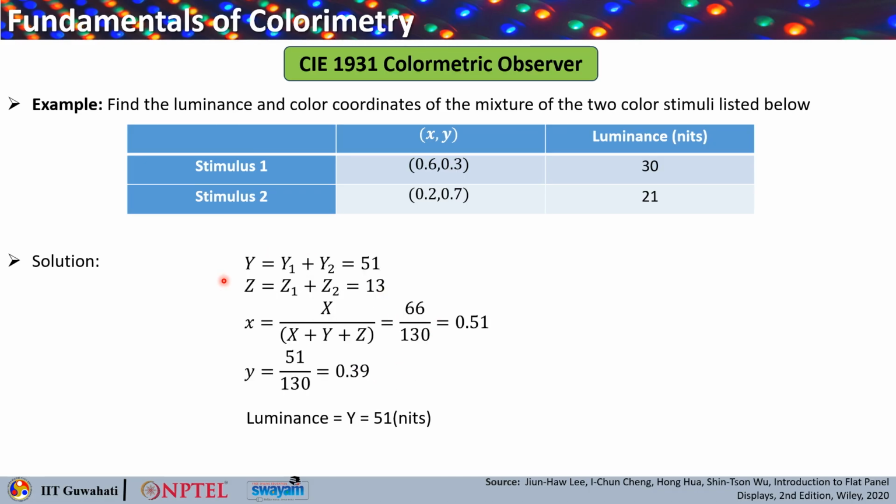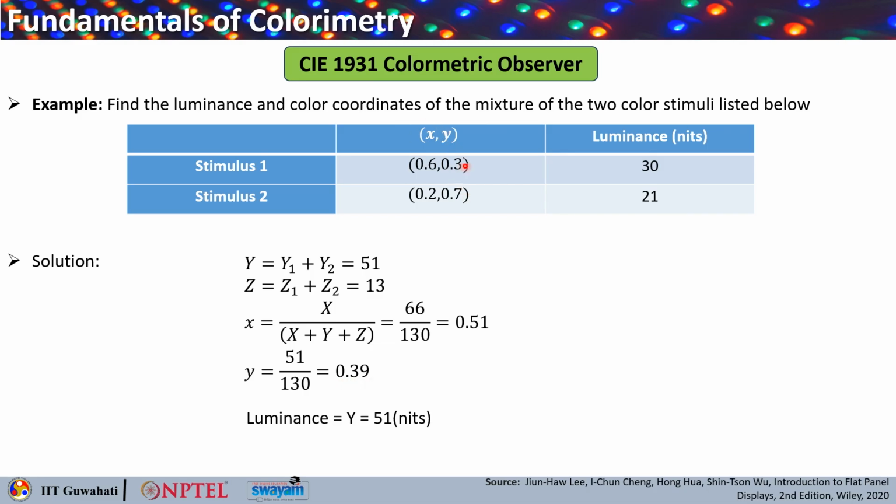Once you know capital X plus capital Y plus capital Z, that goes in the denominator, and the numerator is capital X, which gives you the new small x of the mixture. That is 66 divided by 130, that is 0.51. Similarly, small y is capital Y, which is 51 for the mixture, divided by the summation 130, that is 0.39.